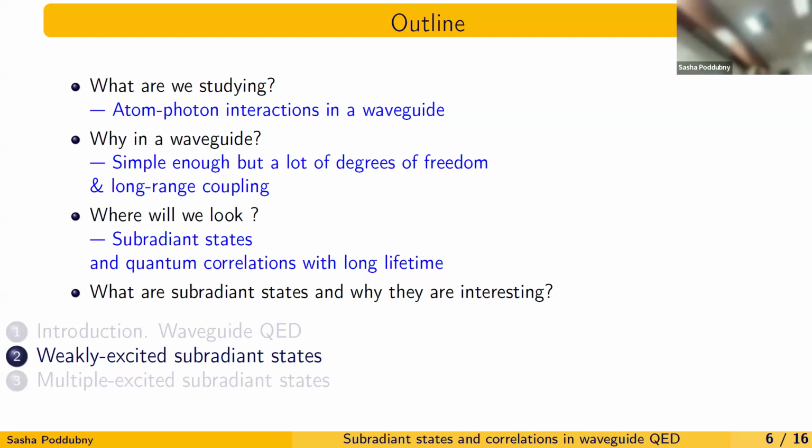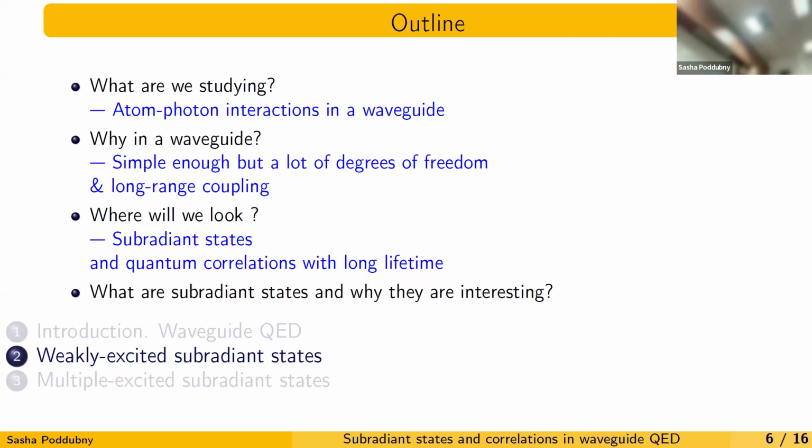I excite my system, so I give it an excitation, and then there will be some dynamics, and this dynamics will have some lifetime. After some time there will be no excitations, and at long times this will evolve into something.